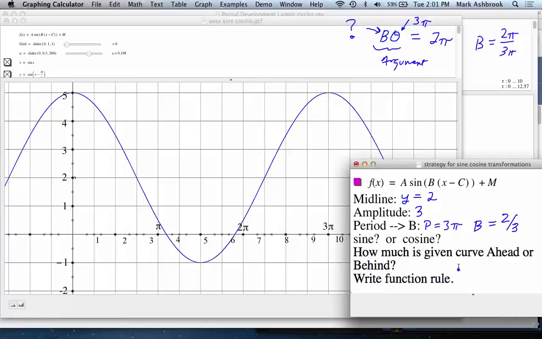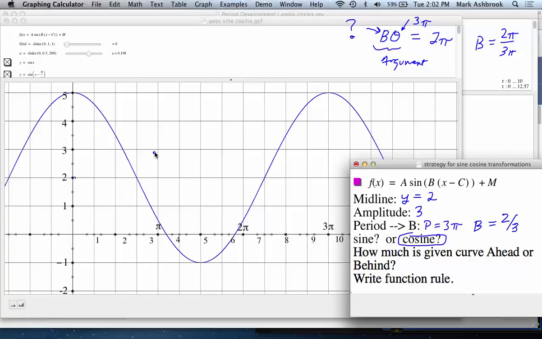Okay? And so the easier choice, sine or cosine? Corey? Cosine. And how much is our curve ahead or behind of the standard cosine? If we were to sketch the standard cosine starting at 0, then how much would our blue graph be ahead or behind that?